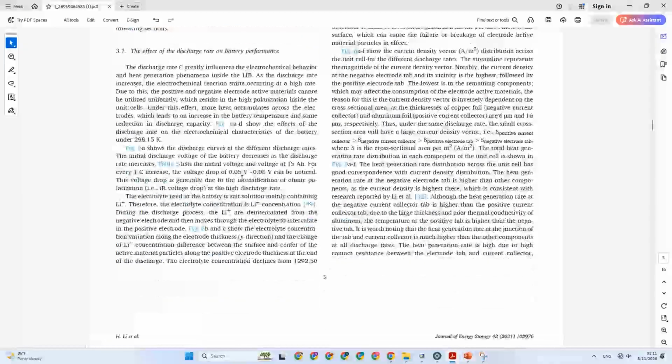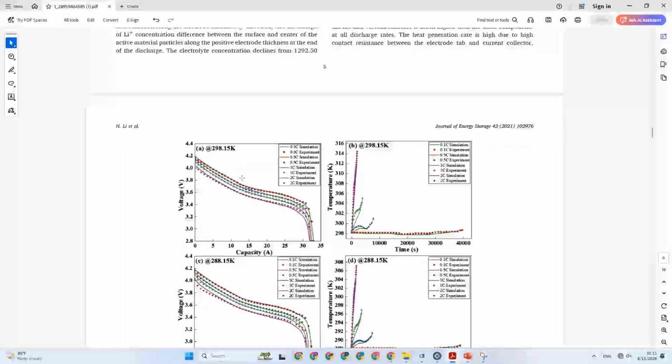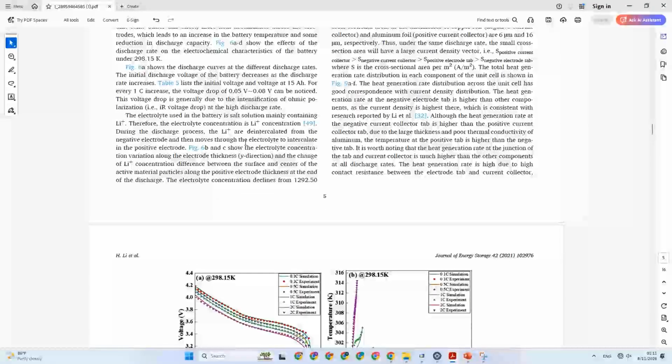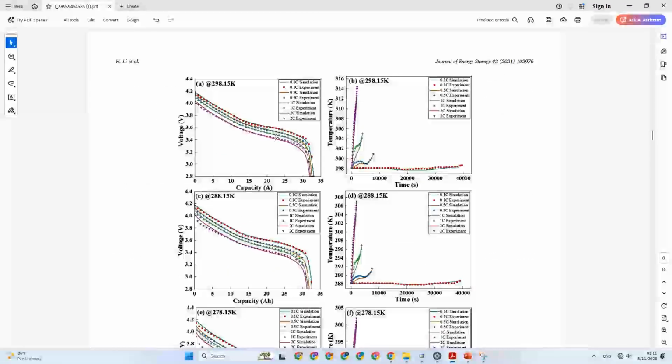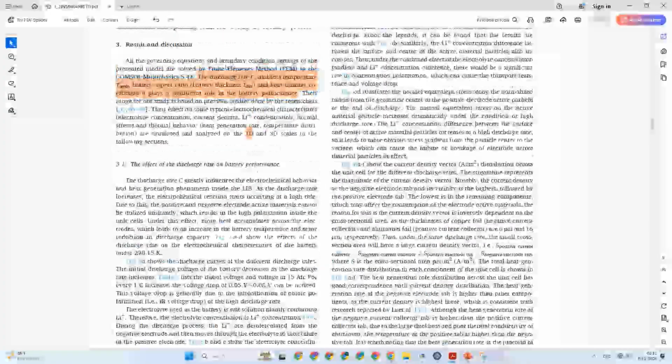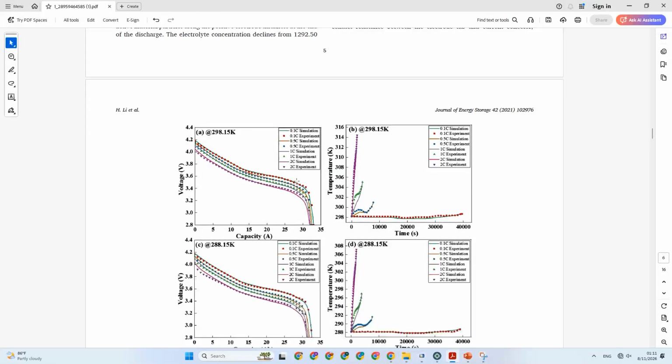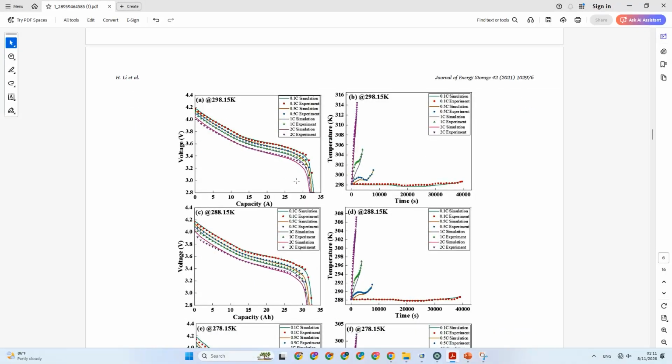And now there is nothing more but voltage. There's nothing more than these are the discharge rate, C. We can see discharge rate, and then they simulate.